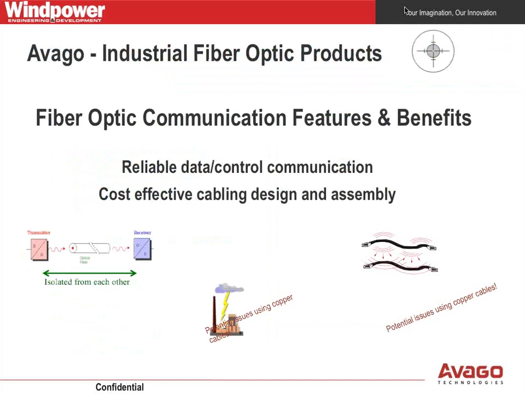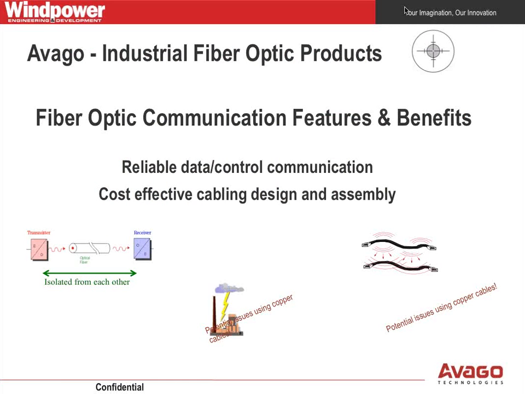So how can we transition nicely from some of the back data we talked about on trends in the market into how it plays with fiber optic communication? There are two things I'd like you to keep in the back of your minds. Fiber optic communications, specifically industrial fiber optic communications, offer reliable data control and communication, in such a fashion that the cabling design and assembly is very cost effective.